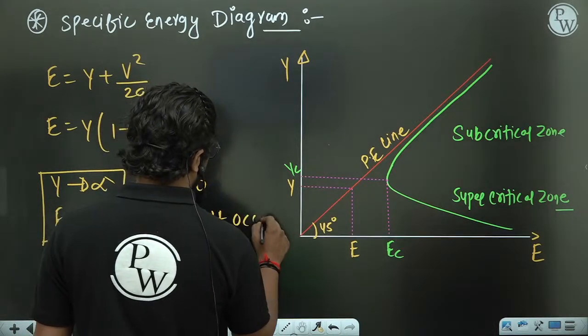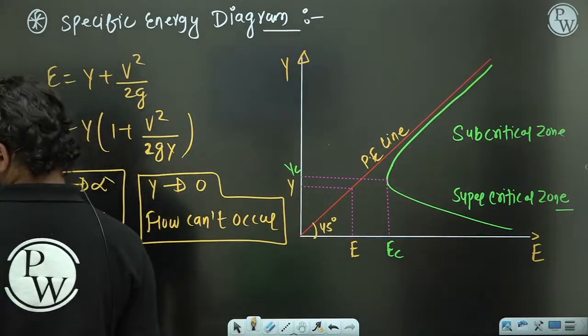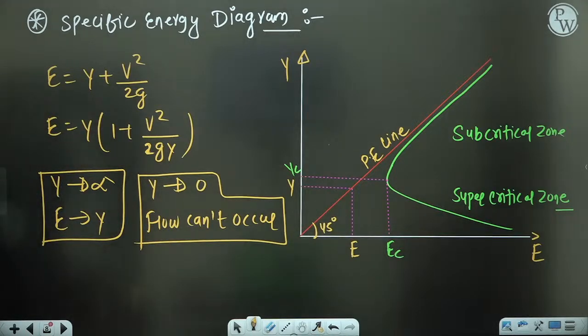Flow can't occur. Is it clear? Note down these things.